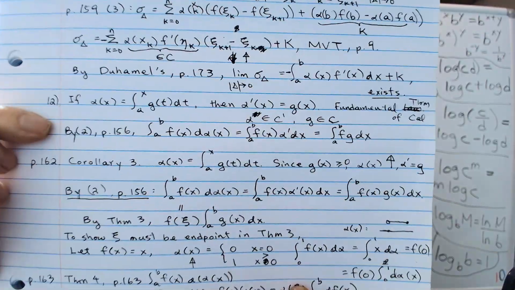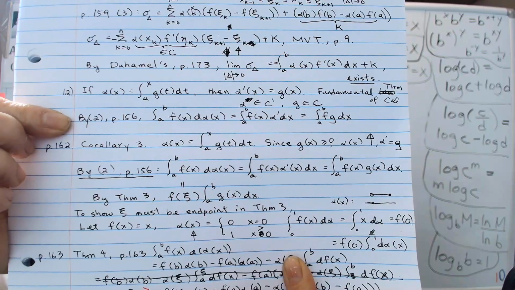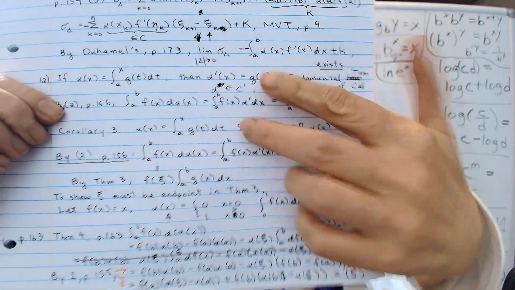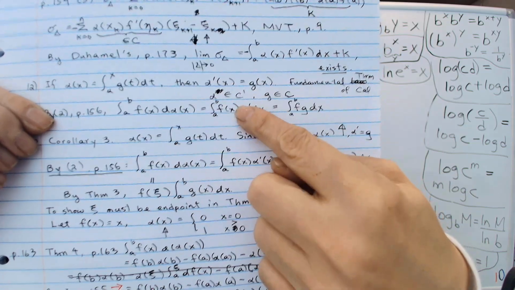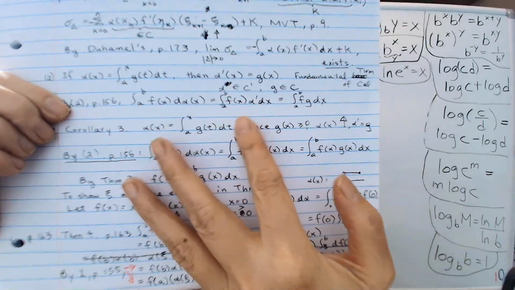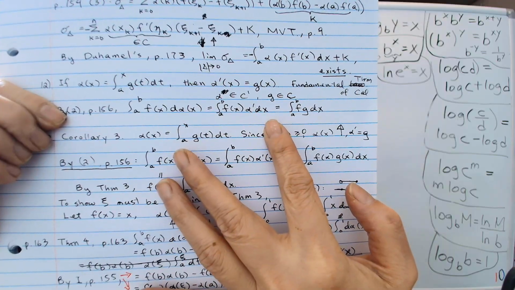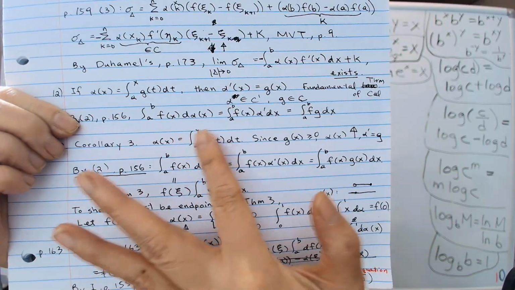So then we'll use theorem 2 on page 156, which states that if alpha is in C1, then f d alpha is the same as f alpha prime dx. Being that alpha prime is g of x, the equation holds.